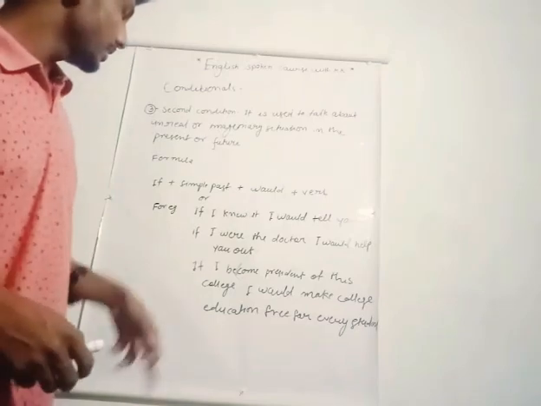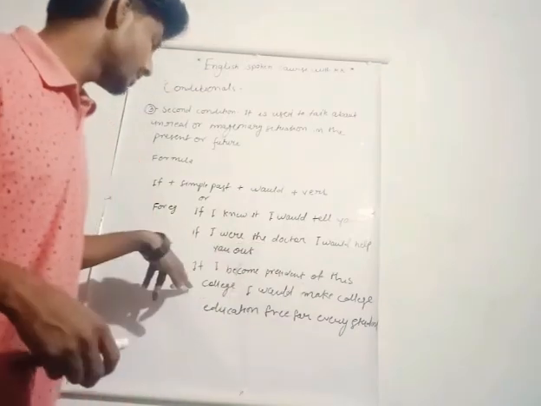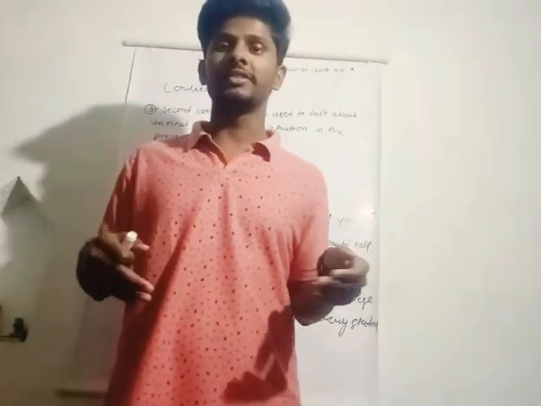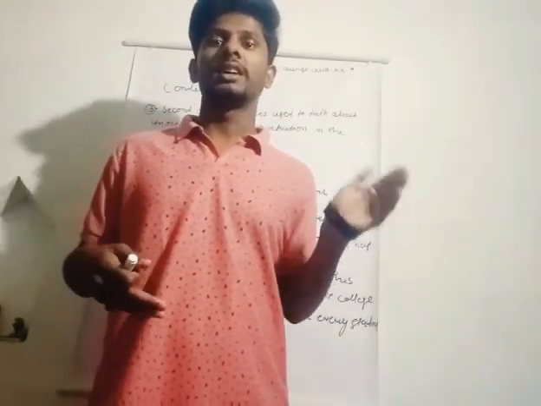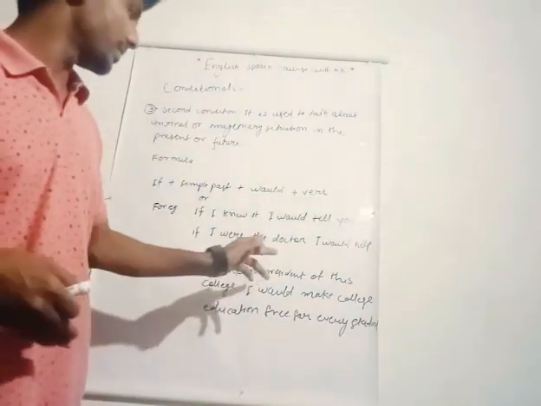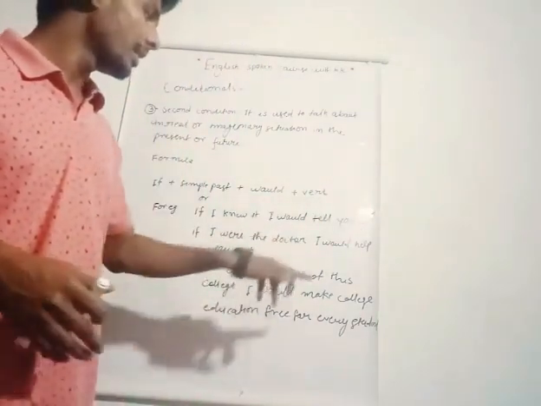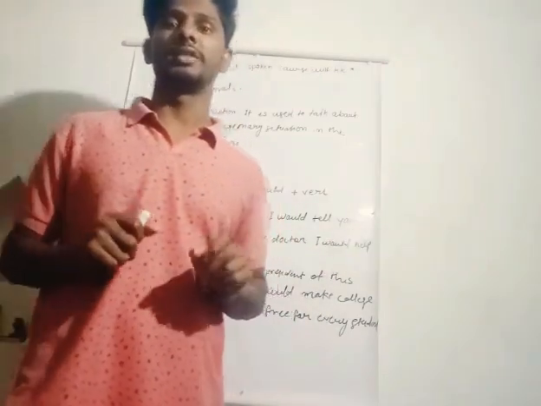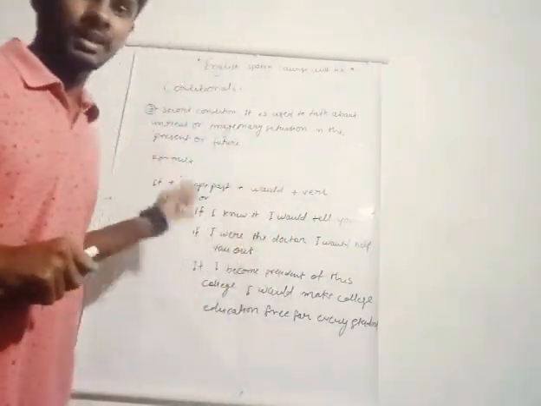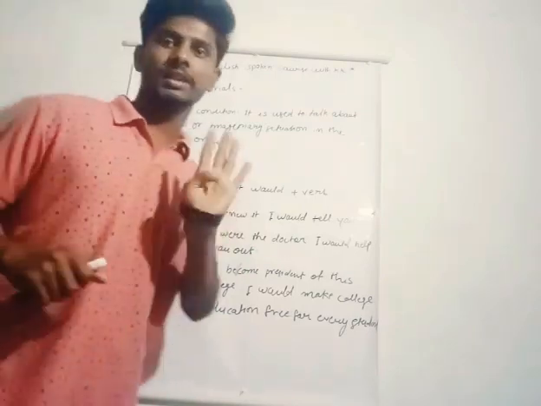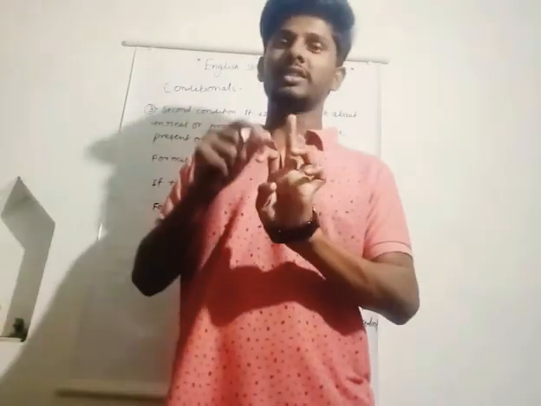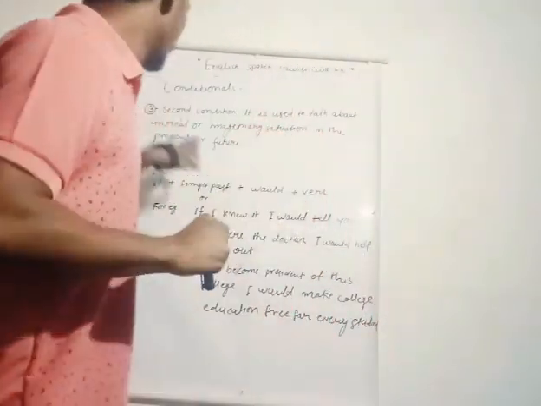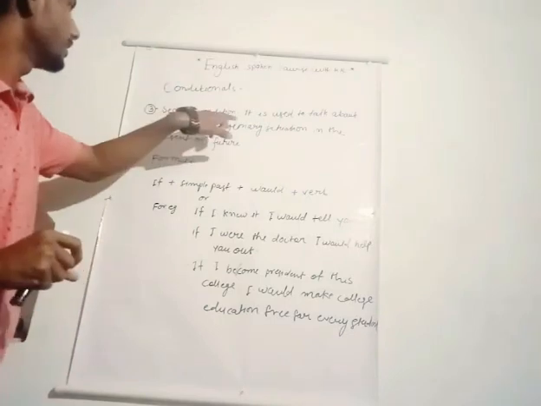Third one is, if I became president of this college, he is just imagining the future or present, I would make college education free for every student. So these are the conditionals. Here I told you that there are four types of conditional: zero conditional, first conditional, second conditional, and third conditional. This one is the second conditional.